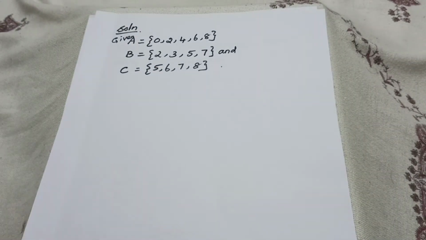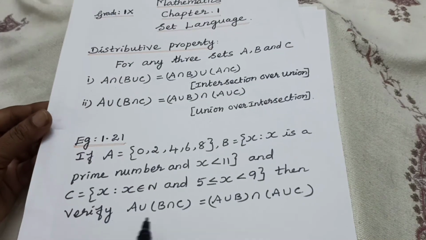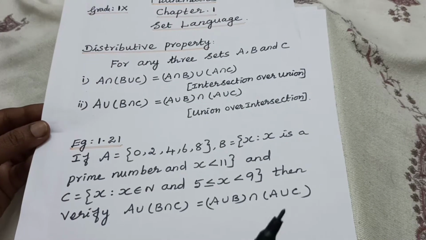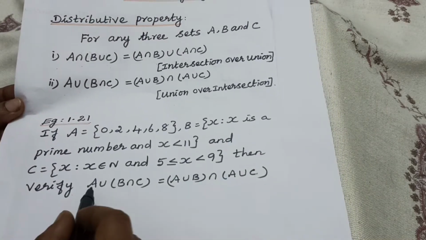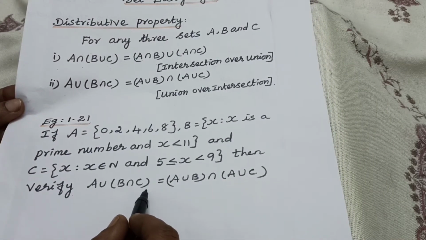Then here, verify. Our question is verify. Left hand side, what is given? Left hand side: A union (B intersection C) is given. Union over intersection. Write it, left hand side: A union (B intersection C).